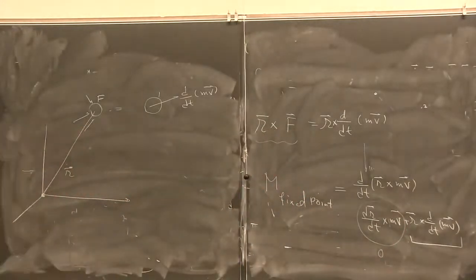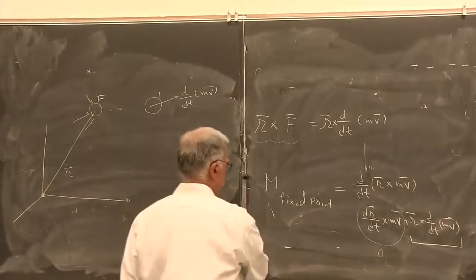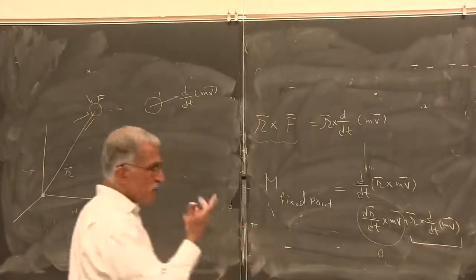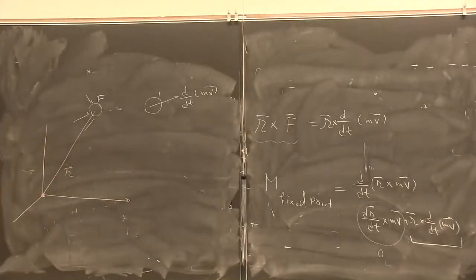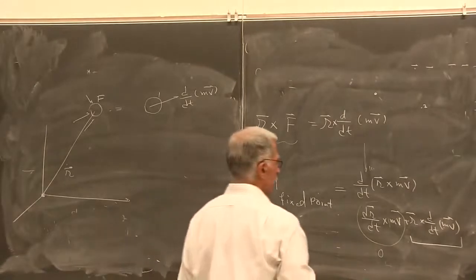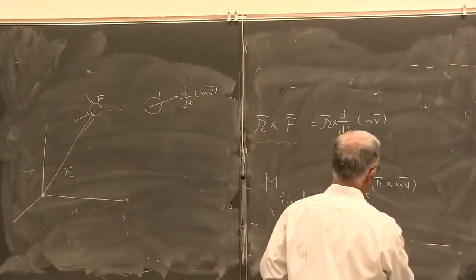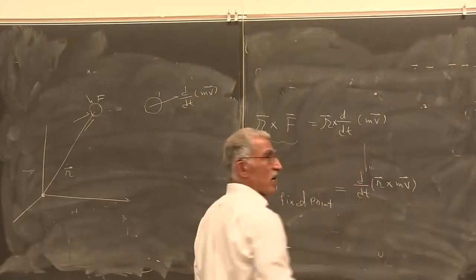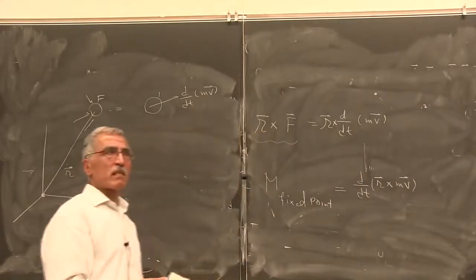Theoretically, you cannot take r inside, but for this particular problem, you can take r inside. Otherwise, you cannot. But for this, you can take the r inside without any penalty.